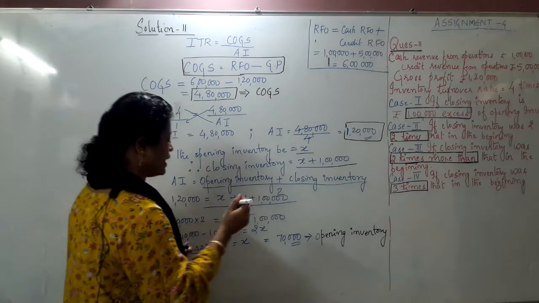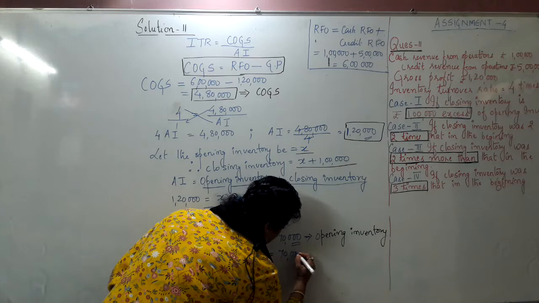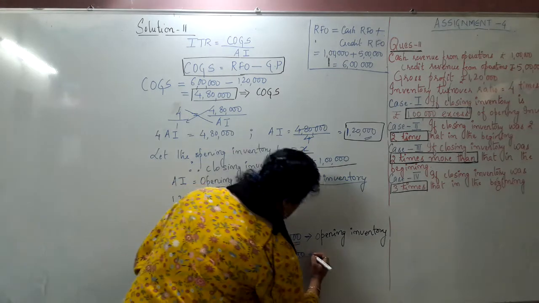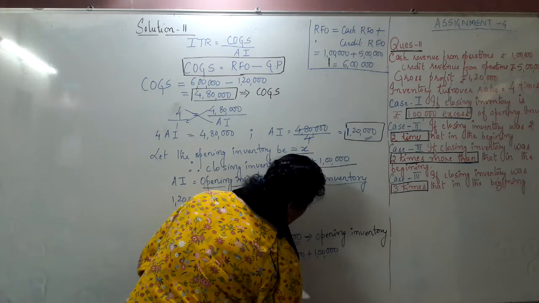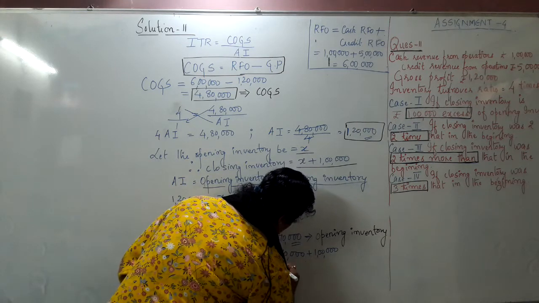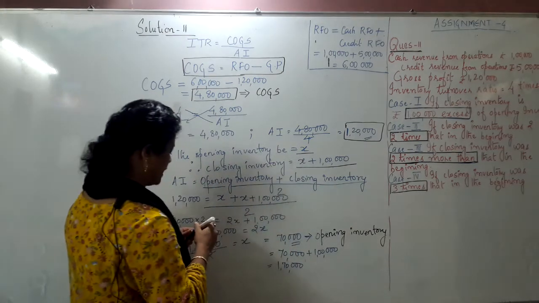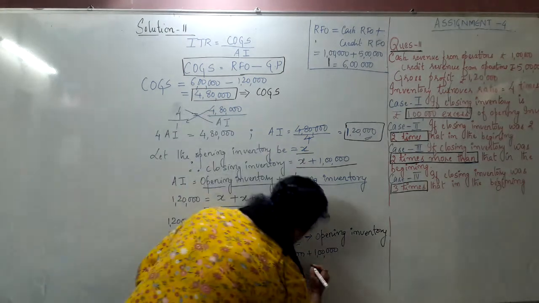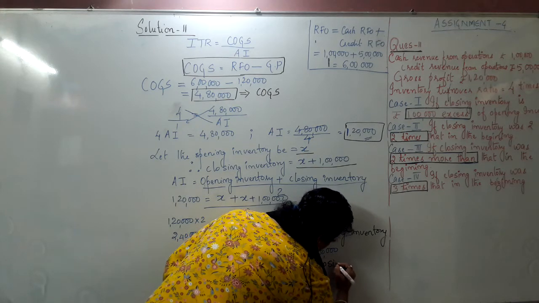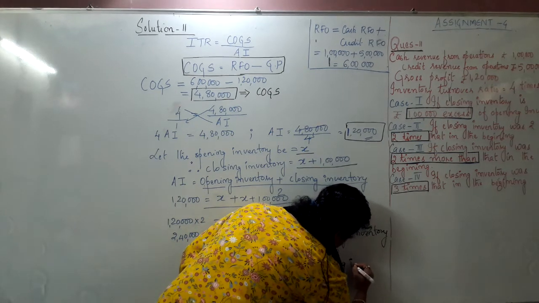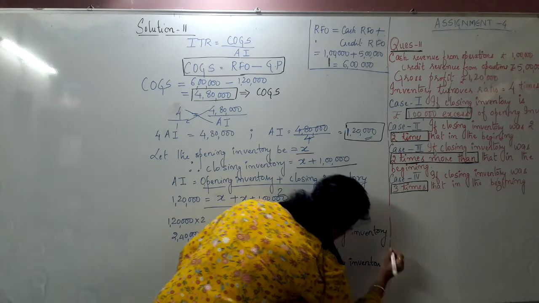Instead of x, we write the value we recently calculated, 70,000. 70,000 plus 1 lakh, got it? That is equal to 1,70,000. Hence 1,70,000 is the value of the closing inventory.